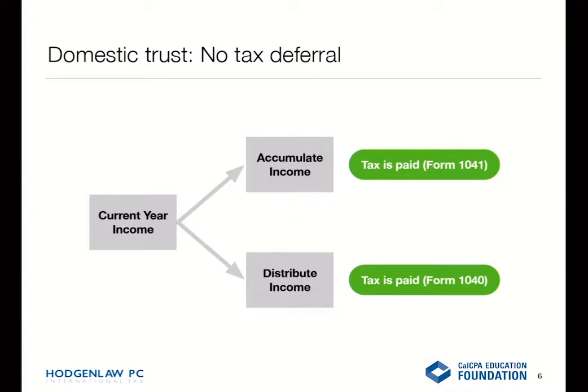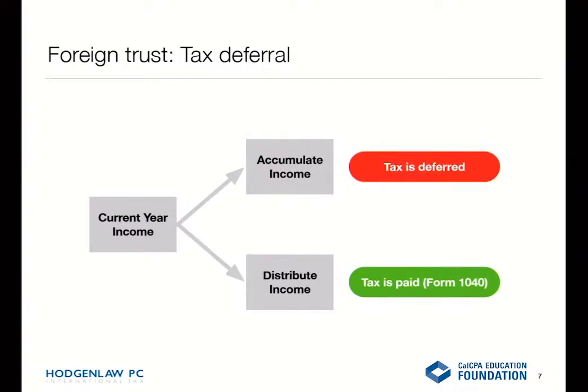So either way, any income of the trust is going to be taxed. A foreign trust, on the other hand, has current year income, and it distributes some of that out to a beneficiary. If it's a U.S. beneficiary, they're going to pay tax on Form 1040. But for any income that's accumulated inside the trust, tax is going to be deferred because there's no requirement for a foreign trust to file a U.S. tax return to report its income.